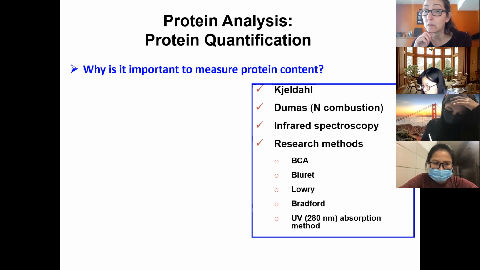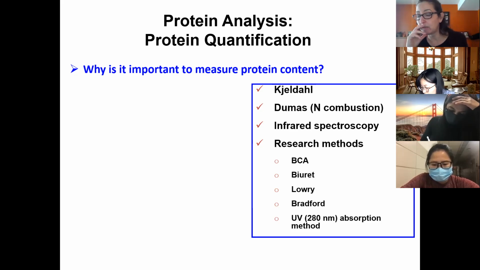BCA, bicinchoninic acid assay, is based on the reducing power of the protein. So reducing the cupric ion to cuprous and looking at changes in absorption, and we run it alongside a standard. Biuret and Lowry are different versions of methods based on reducing power of the protein.